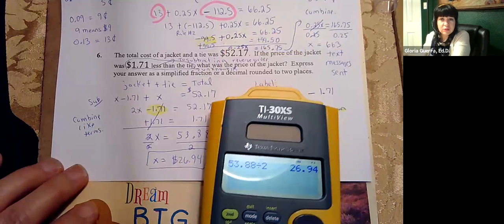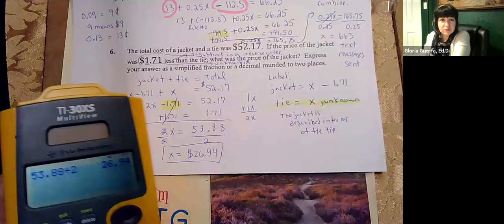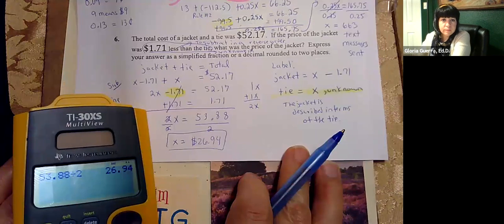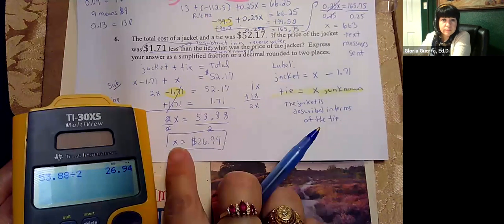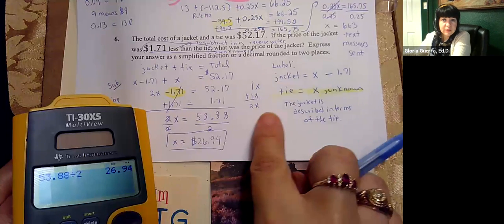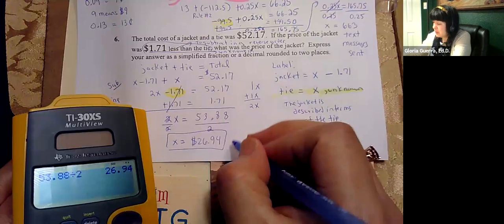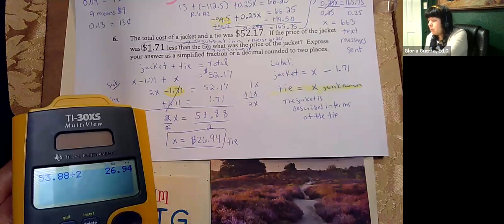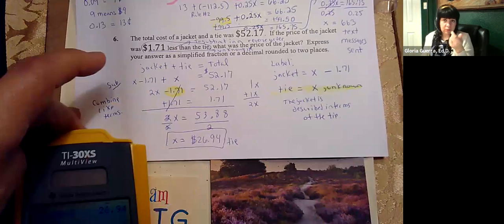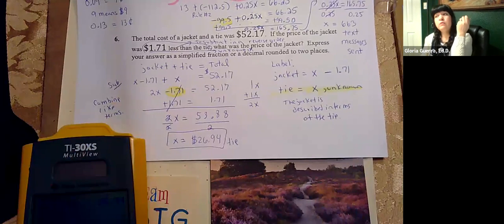Okay. And what is that the cost of? Is that the cost of the jacket, or is that the cost of the tie? See that? That is the tie. The tie is X. So in this problem, you have to know what they are asking for. Are they asking for both the tie and the jacket? Or only the tie? Or the jacket?